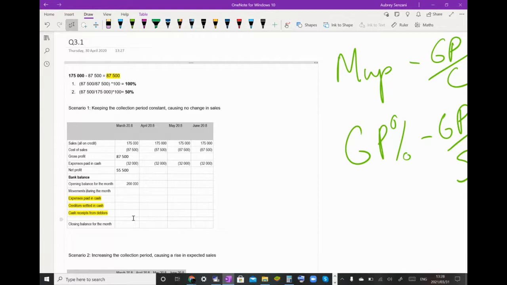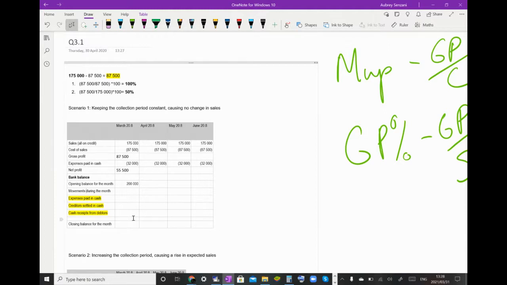Okay, cool. So now that we have that information, remember what they said? All merchandise purchased on credit. That's fine.